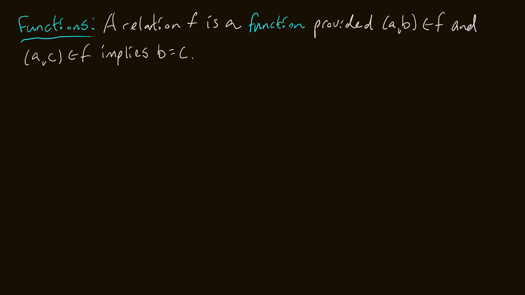We have inputs and outputs, and so what this definition is telling us is that every input has a unique output. So that's why I said that if (A, B) is in F and (A, C) is in F, then B must be equal to C, because each input, A, must have a unique output. So that's what this definition is saying.